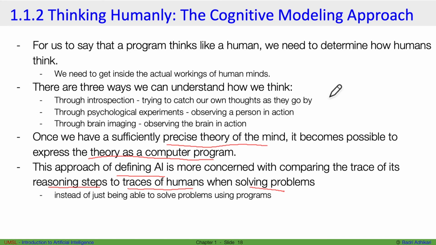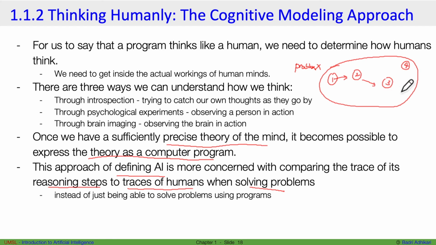So say, in our brain, to solve problem X, we do step 1, step 2, step 3, 4. Let's say this is our thinking pattern, in the human mind.